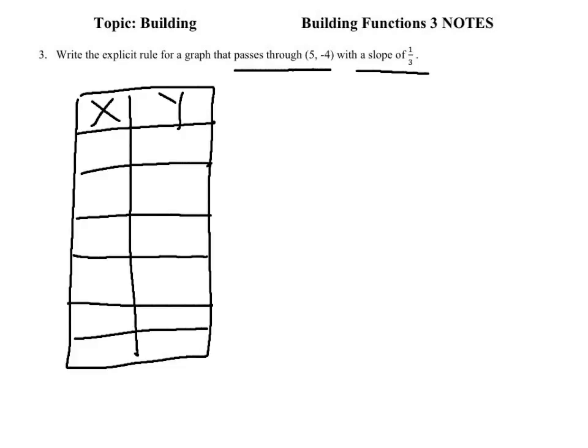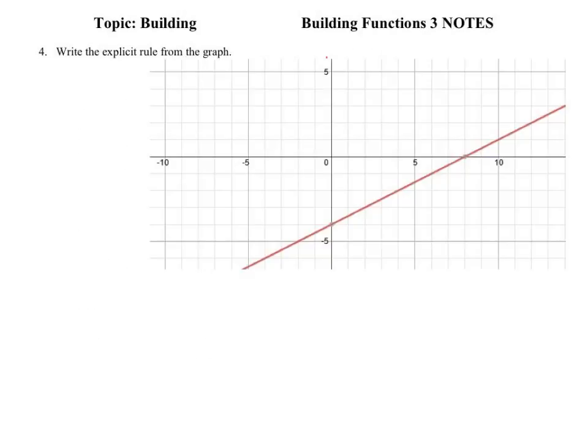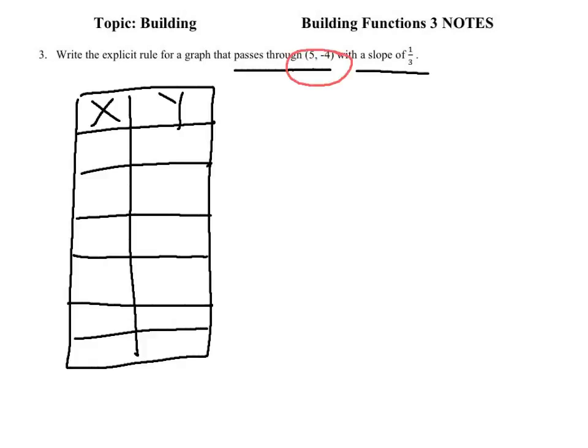Now, I'm going to take this point, 5, negative 4, and put it into my graph. So if this is 0, I want 1, 2, 3, 4, and 5. So 5, negative 4. Now, my slope is 1/3. So my delta is 1/3.